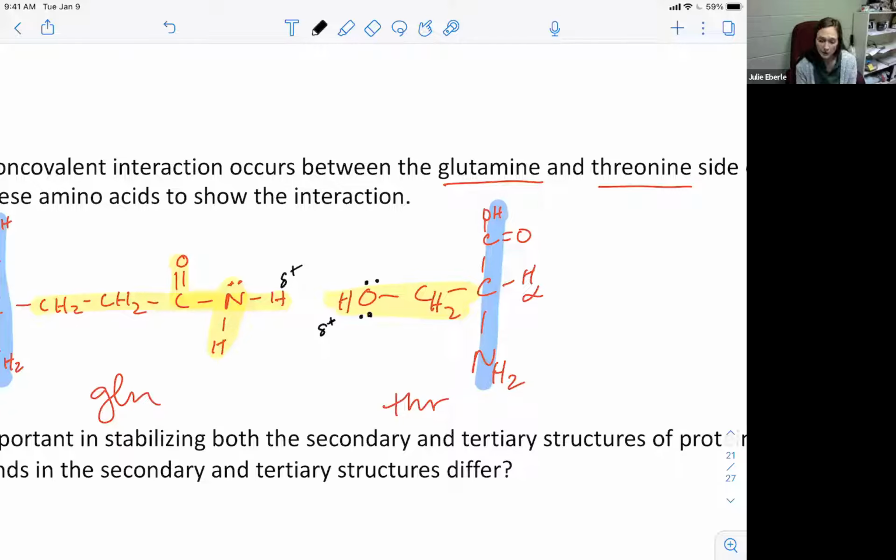So these are both donors, and then the lone pair on the nitrogen here is another acceptor as well. So you can get all kinds of hydrogen bonds. This hydrogen is also positively polarized, so the lone pair on nitrogen could interact with that hydrogen. Both of these hydrogens could interact with the oxygen. You could get all kinds of hydrogen bonds between the side chains. So hydrogen bonding.